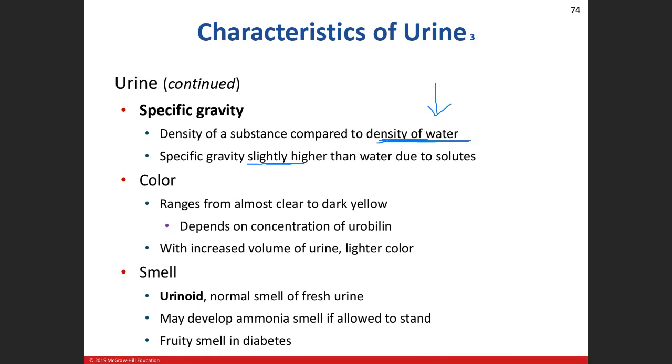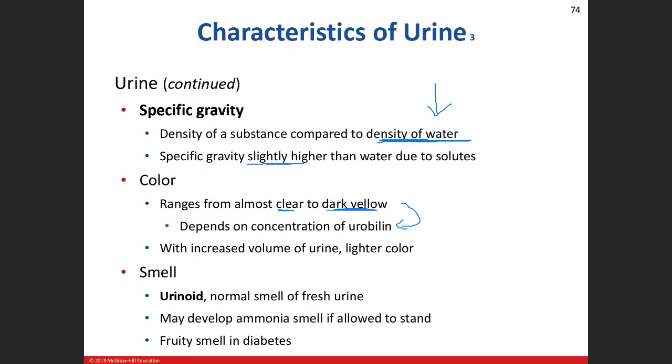Okay, color, like I said, we can go from clear to dark yellow. If it's dark yellow, we're going to start to suspect an increase in concentration of urobilin, which is one of the waste products of hemoglobin.